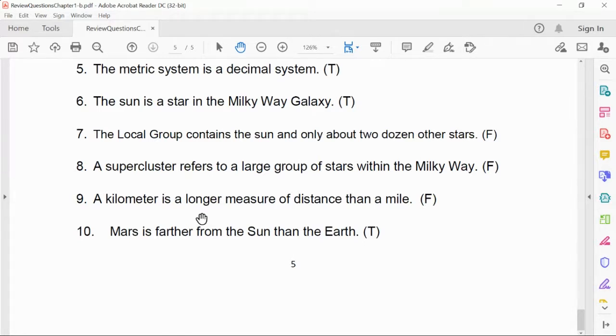And if I want to summarize all of this, I can say that we live in a universe, and this universe is about 13.8 billion years old, and this universe probably contains a trillion galaxies.